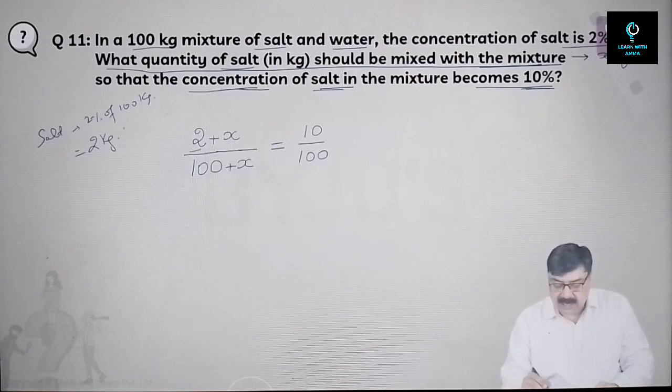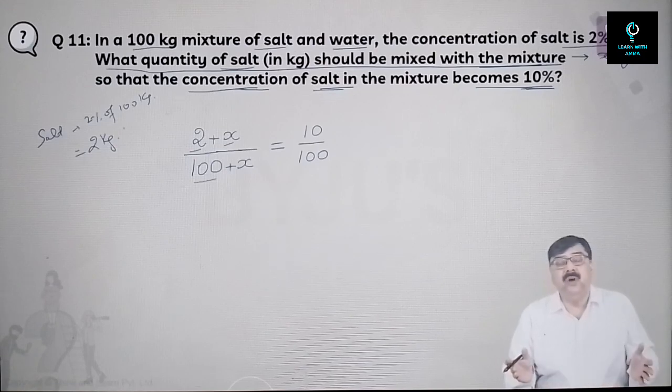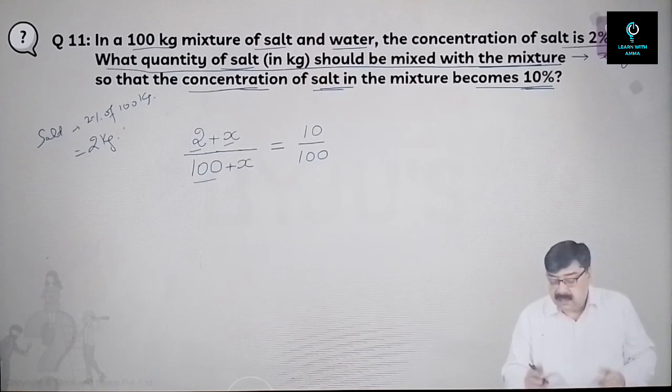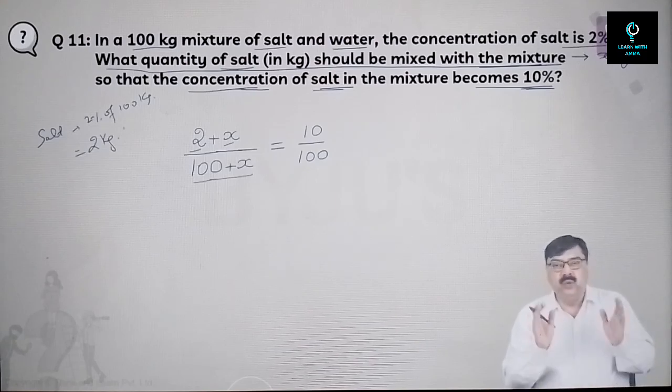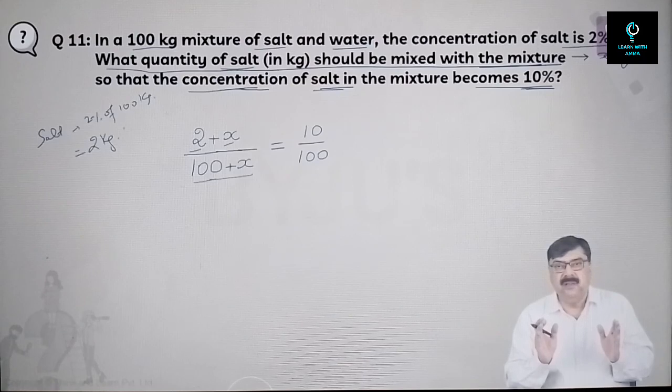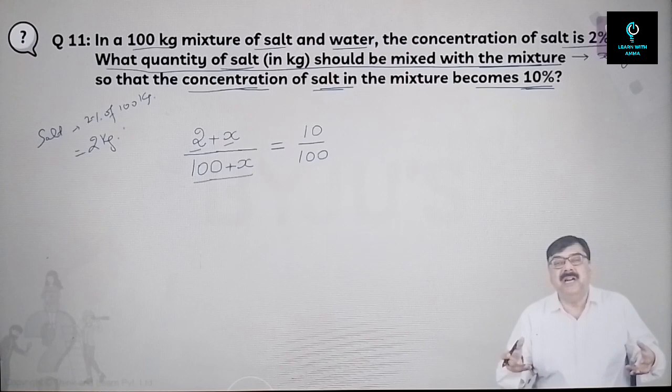So initially 2 by 100, 2 kgs out of 100 kgs, X kg of salt added to the mixture. So the total amount of salt increased from 2 kgs to 2 plus X. The total amount of mixture increased from 100 to 100 plus X, such that this 2 plus X quantity of salt has become 10% of total mixture, that is 100 plus X kg.